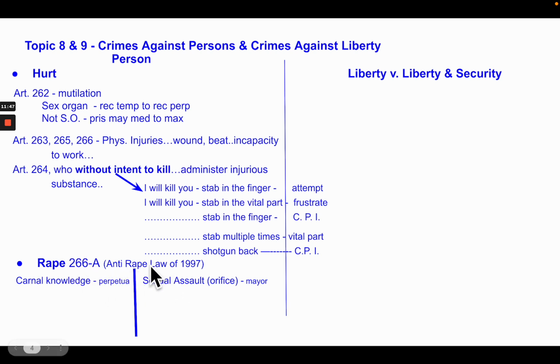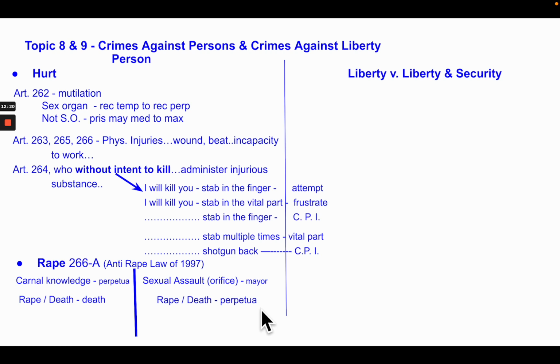Now, this Anti-Rape Law of 1997 included another form of rape, which is sexual assault. And that is when a finger or an object is inserted in the anal or oral orifice of that person. Both are rape, but for carnal knowledge rape, the penalty is reclusion perpetua, but if death happens, the penalty will be death.